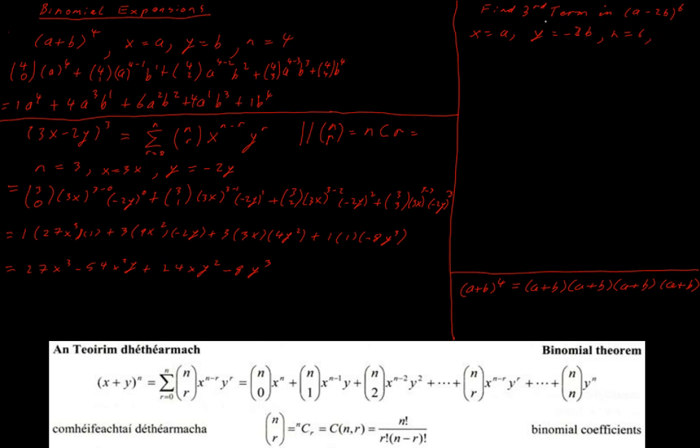And we're looking for a particular term. So what changes for the different terms? r changes. The only thing that can really catch you out, in my view, is if you don't look at page 20 in your books, because if you do, it makes it easier to keep track of this.